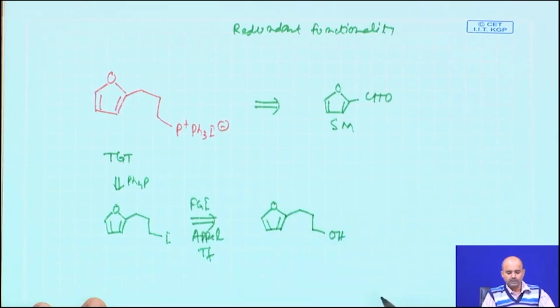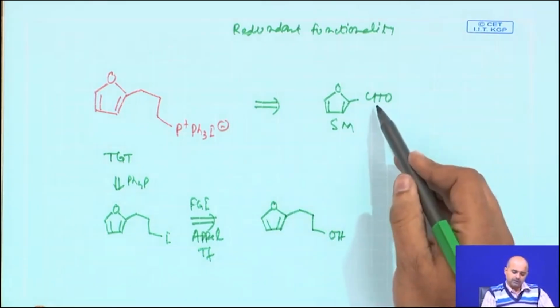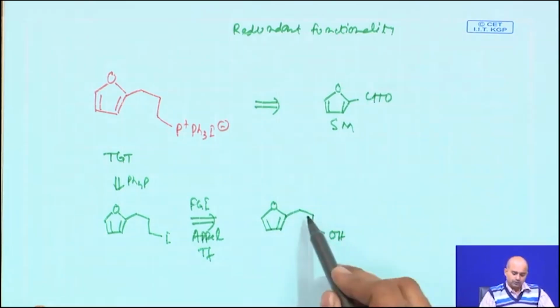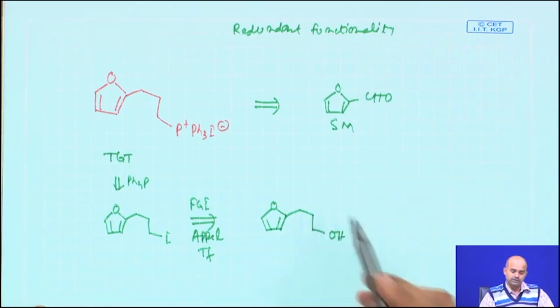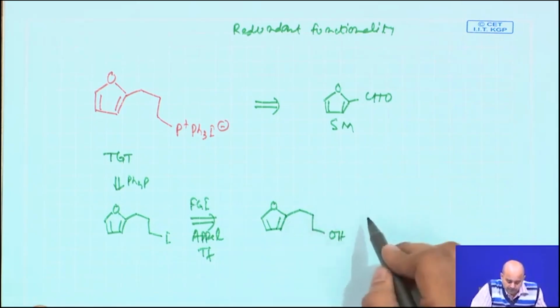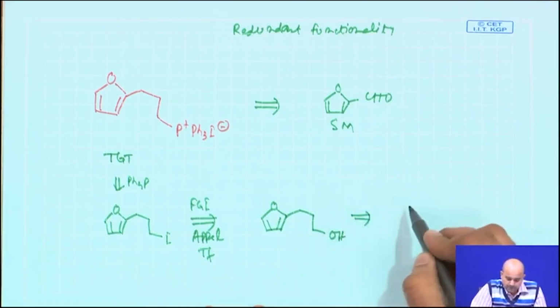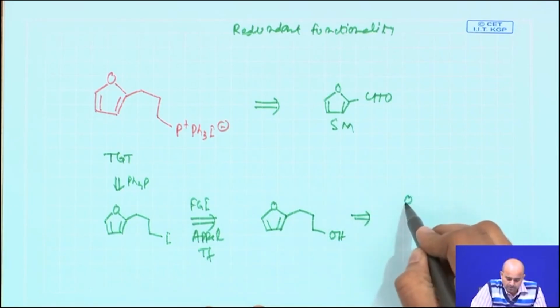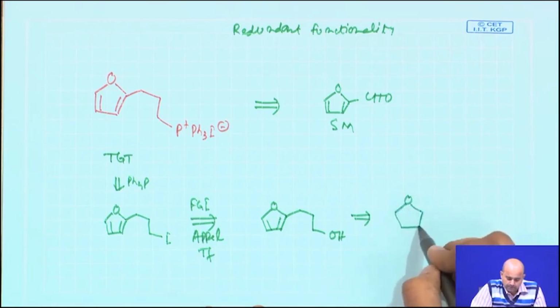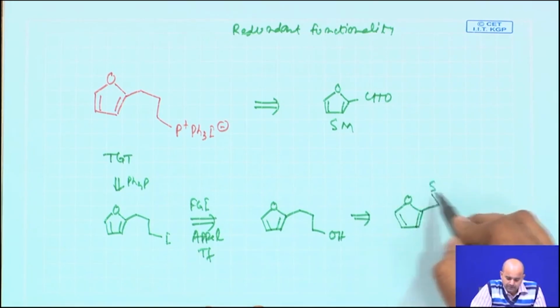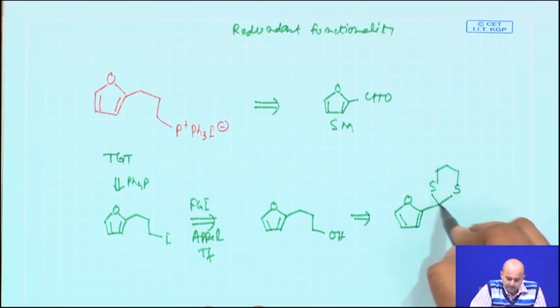Now, try to correlate: this is 1 carbon, you need to introduce 2 carbons extra, and these 2 extra carbons you can probably think about by using umpolung type of chemistry which you have already discussed.